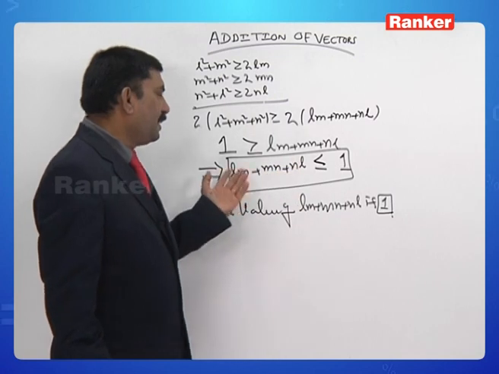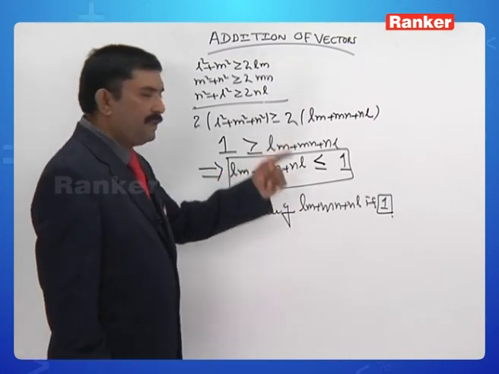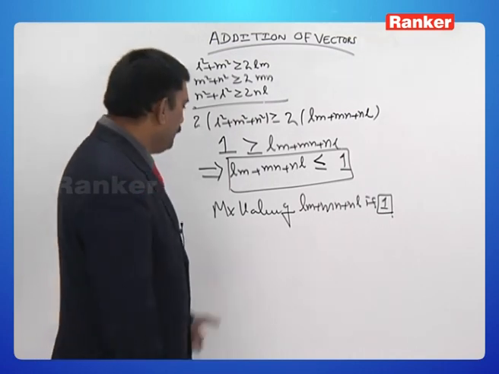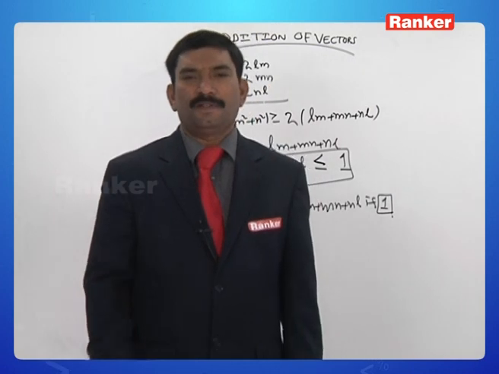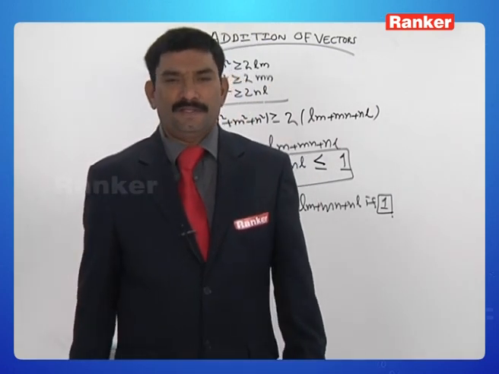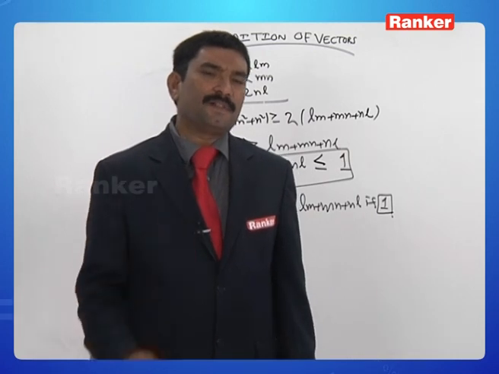So I can write in a reverse way, LM plus MN plus NL is less than or equal to 1. So the maximum value of LM plus MN plus NL is 1.